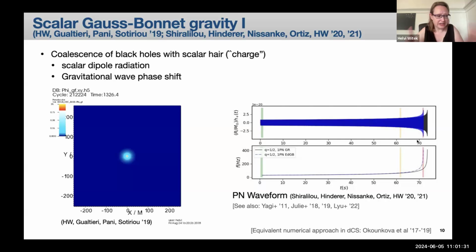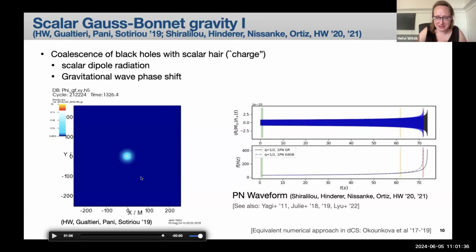Now, I should point out that the left-hand side simulation has been done in this decoupling approximation or order-by-order expansion, where I said, well, it's nice to look at single black holes and to just get the dynamics of the scalar field, but it really is not a very good approach to compute the back reaction onto the metric.